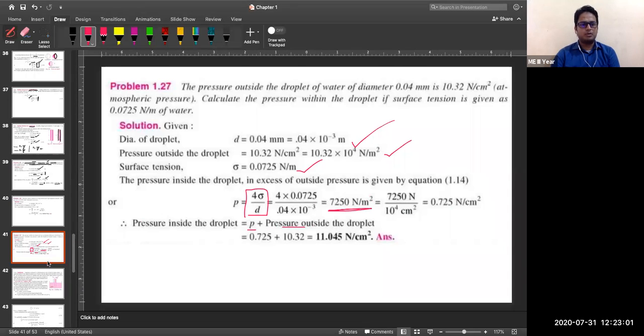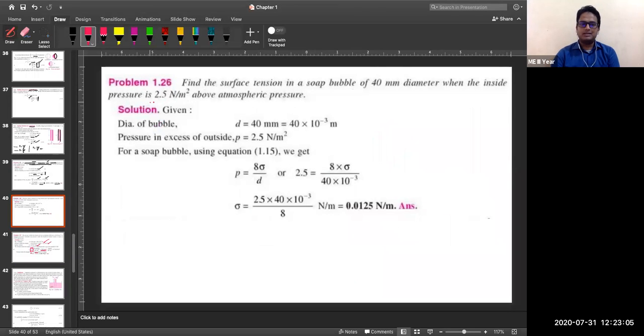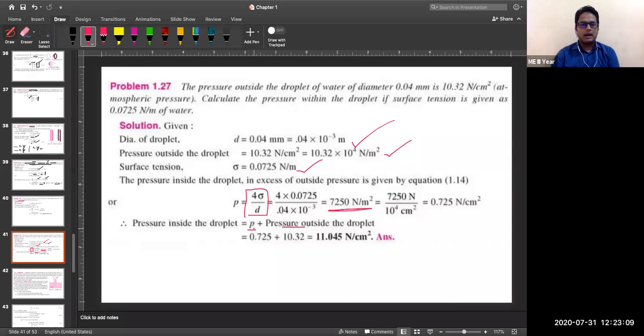Because in the previous problem, if you have observed, everywhere it is saying the pressure above atmospheric pressure. So in the same way, you have to add the atmospheric pressure. Atmospheric means outside pressure you have to add. So it will become 11.045 Newton per centimeter square.